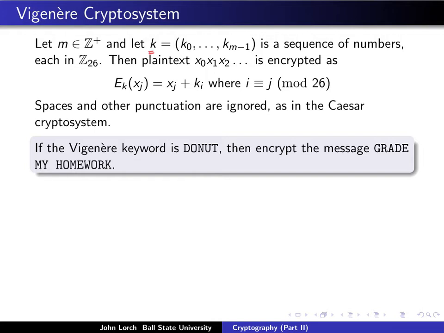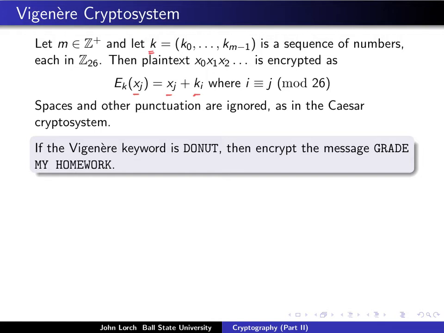Then, to encode a plaintext sequence, x0, x1, x2, etc., we encrypt each symbol one at a time, where the encryption of x sub j is a shift of x sub j by k sub i, where i is congruent to j mod m. As in the Caesar cryptosystem, spaces and other punctuation are ignored.